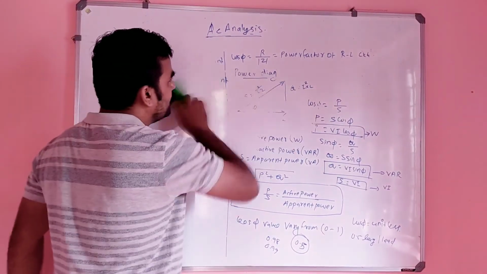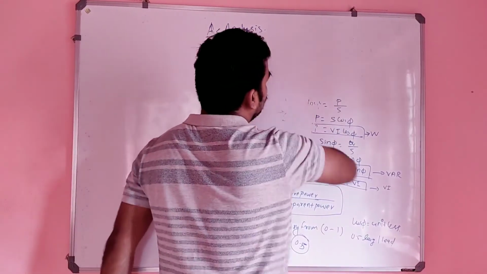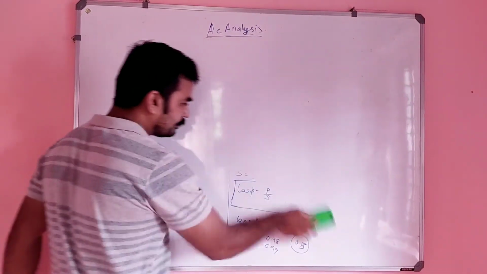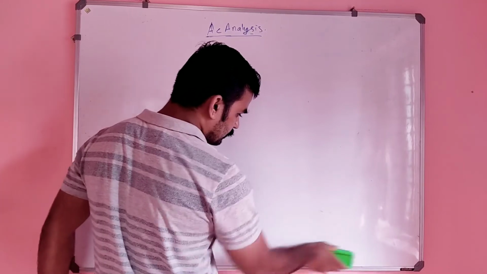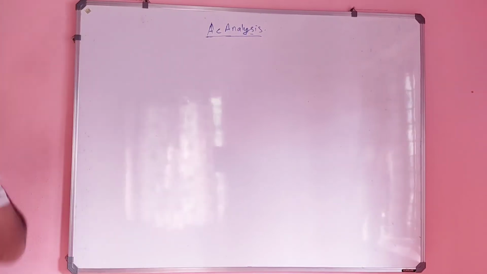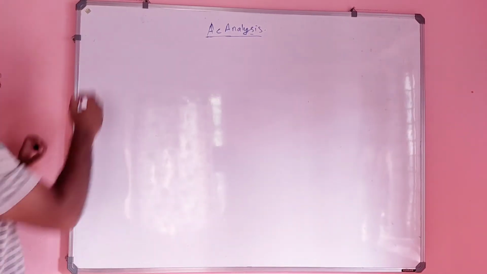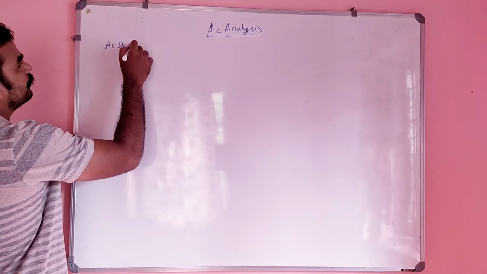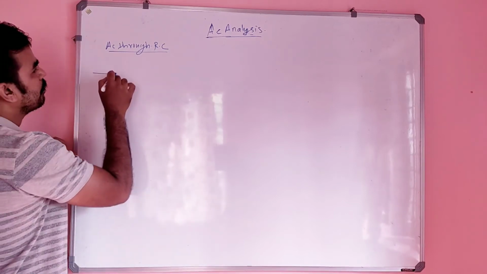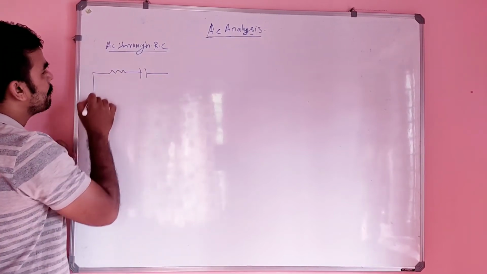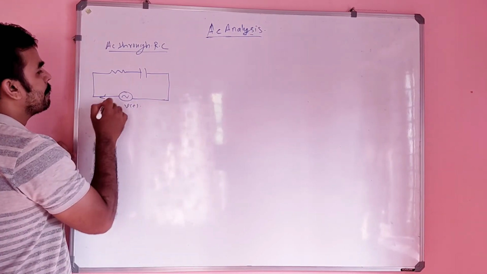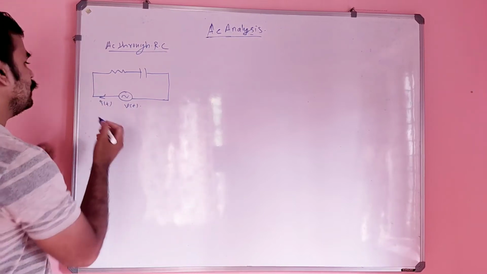Now we are going to discuss the effect of AC through RC. So simply I can write V of t and I of t.